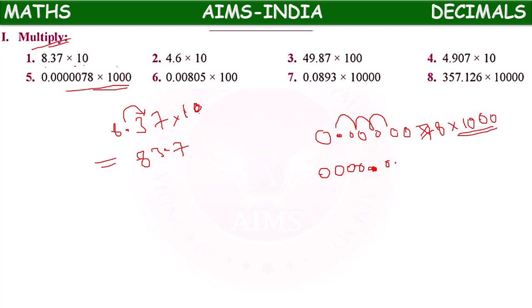So 0.0078. But the zeros on the extreme left don't have any value. Only one 0 we can take. 0.0078. Like that we can write.